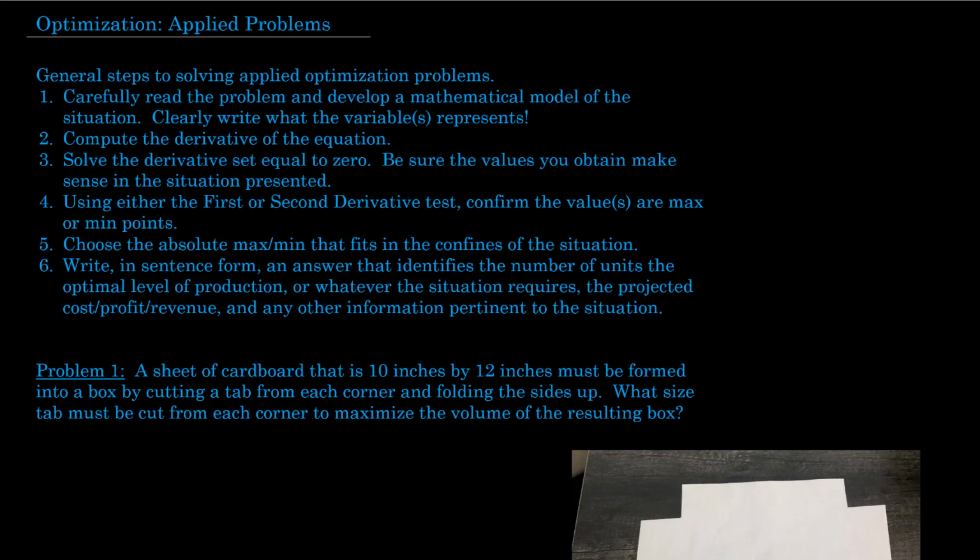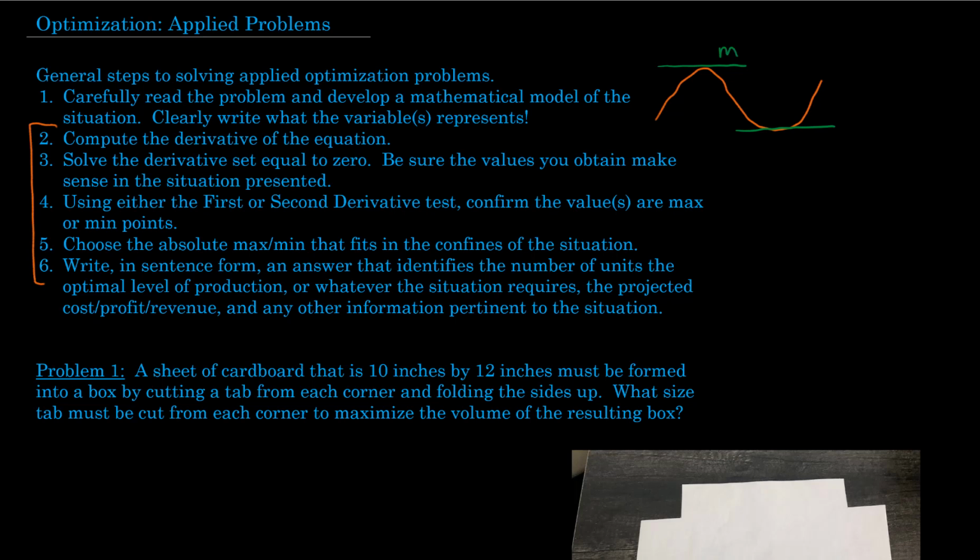Once you have your equation, the series of steps that follow are pretty much routine. As we've talked about many times before, when you're trying to find a maximum or a minimum, the maximum or the minimum will occur at a situation where the slope of the tangent line is zero.